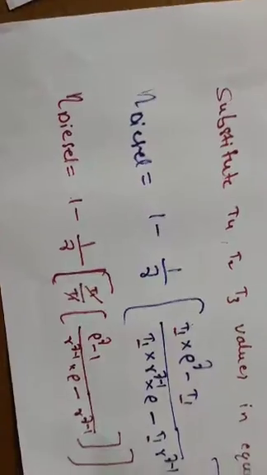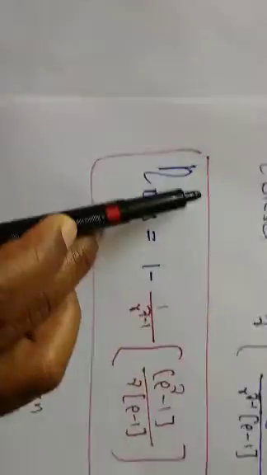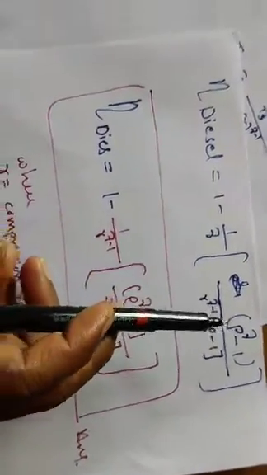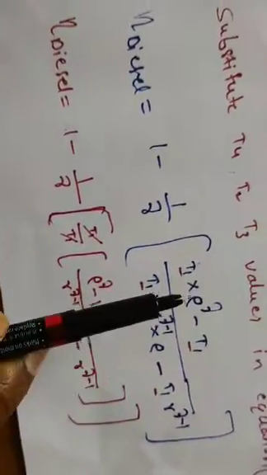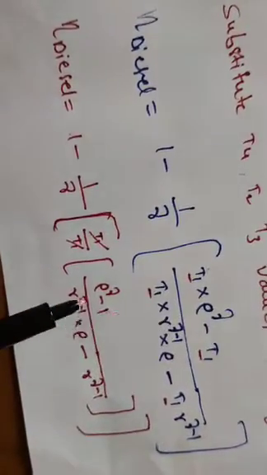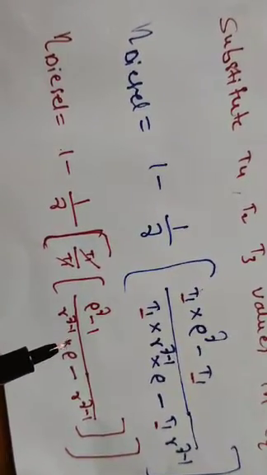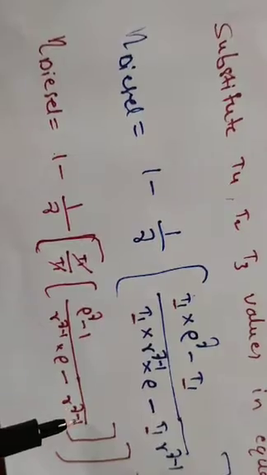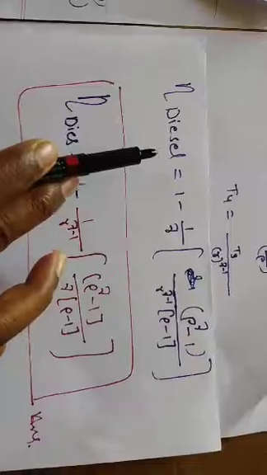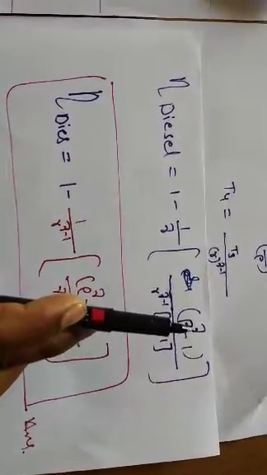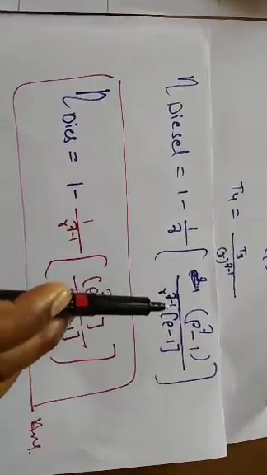So the thermal efficiency of the diesel cycle is equal to 1 minus 1 by gamma into rho to the power of gamma minus 1, divided by r to the power of gamma minus 1 into rho minus 1. This is our final equation, and finally we can write the thermal efficiency of the diesel cycle as 1 minus 1 by gamma into rho to the power of gamma minus 1 divided by r to the power of gamma minus 1 into rho minus 1.